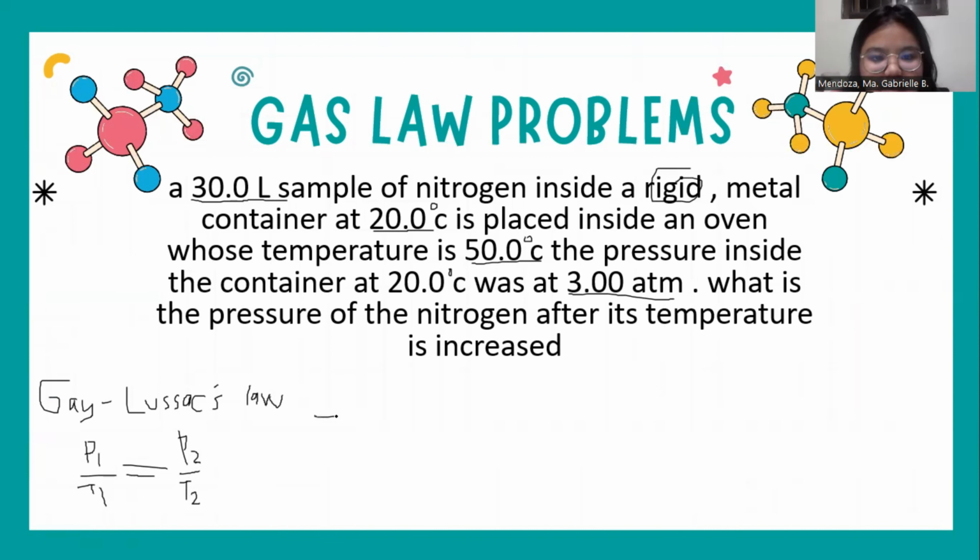So, ayan, T1 natin is 20 degrees C. Our T2 is 50 C. Next, our P1 will be 3 atm.